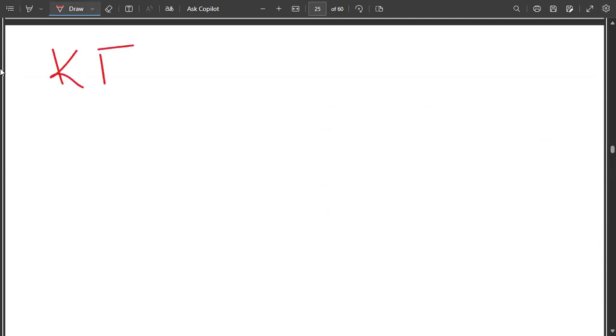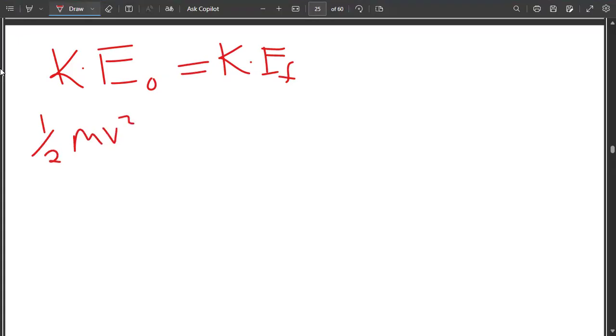To say when the collision is elastic, KE initial should be equal to KE final. So what about KE initial? What do we have? We have half mv squared of B, this is initial, plus half mv squared of S, and this is also initial.